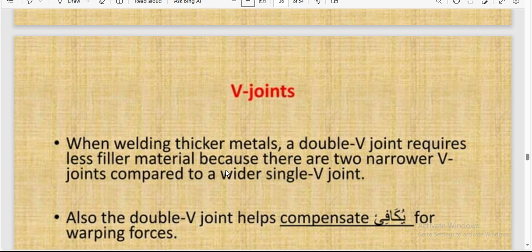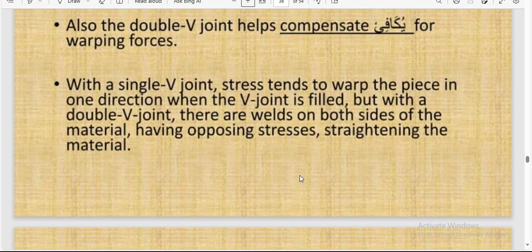As you see from these definitions, when we use two V joints or a double V joint, we use small amounts of filler material because the formed gaps are very small. Also, the double V joint helps compensate for the spring force.